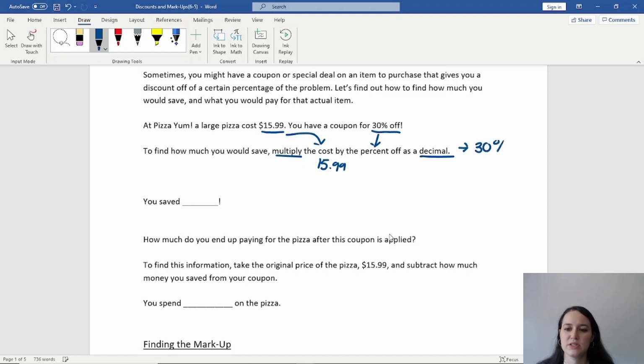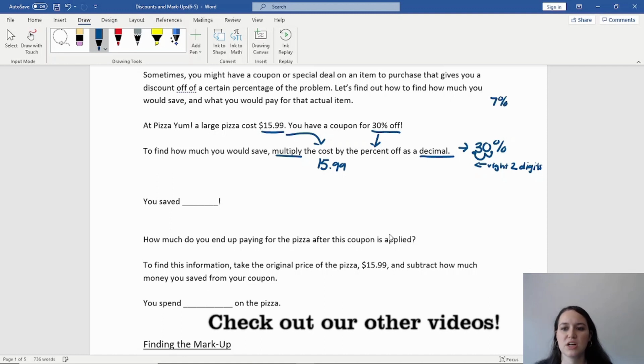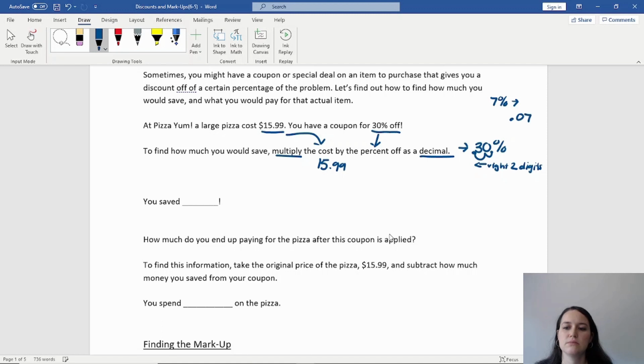So wherever your percent sign is, you put your decimal there, assuming there's not a decimal in your percentage, and just move it to the right 2 digits. Just a reminder, we talked about this in a previous video, check it out. So 7% would be 0.07. Just remember 2 decimal places when you're writing a percentage as a decimal.